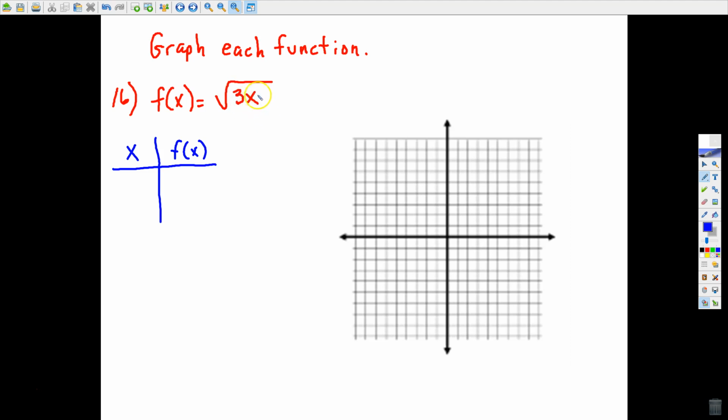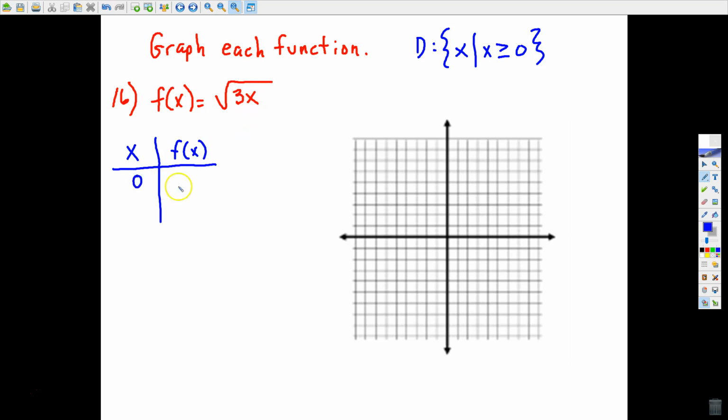So for example, I couldn't use -1 as an input because that would give me the square root of -3, which is not a real number. So I've got to keep in mind that yes, I can input anything I want, as long as those numbers fit this description. In this case, they have to be greater than or equal to 0.